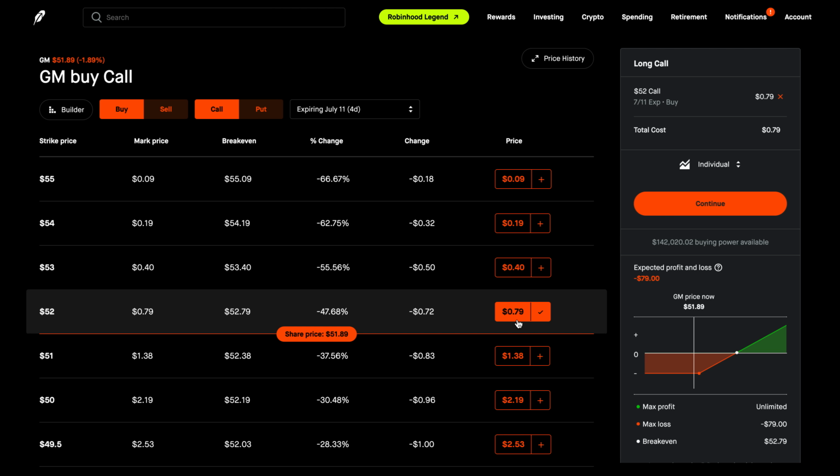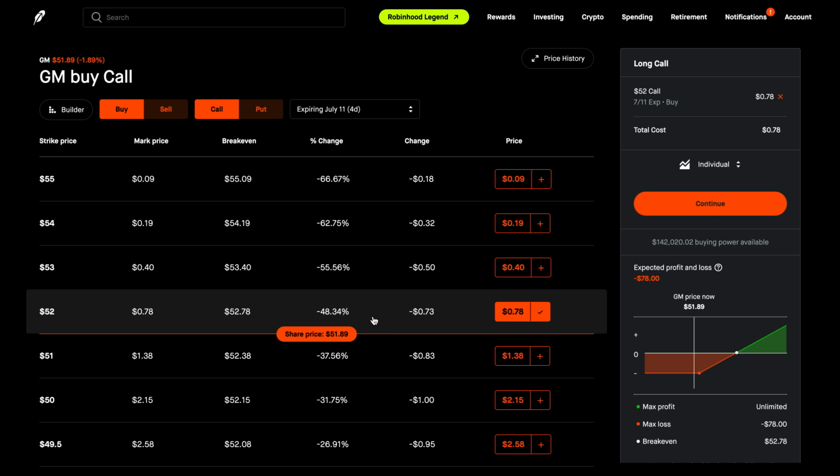Now remember, what does it actually mean to buy a call? So buying a call gives you the right, but not the obligation to purchase 100 shares at the strike price you selected anytime before expiration. And that's going to be if you exercise your option. But a lot of the times, people will just sell to close their option.